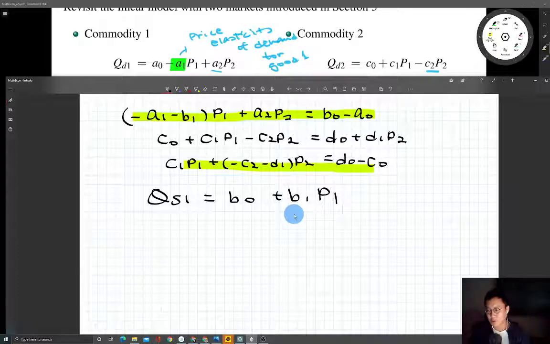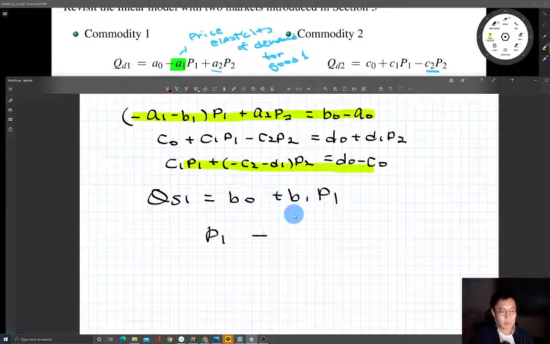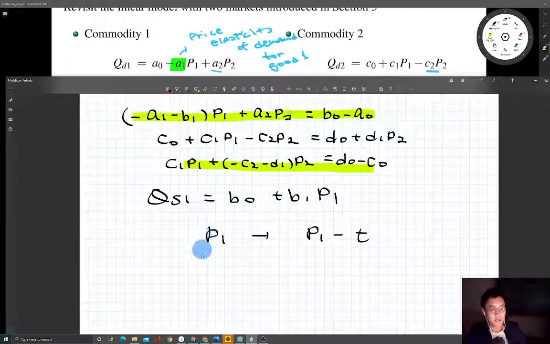It does not change the unit price, but it changes the revenue per unit from P1 to P1 minus T. For each sale, the supplier can earn as much as P1, but now they have to pay a part of that in the name of tax, as much as T. It decreases the revenue per unit to P1 minus T.